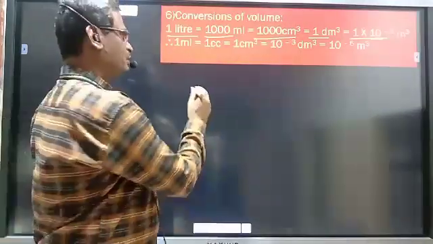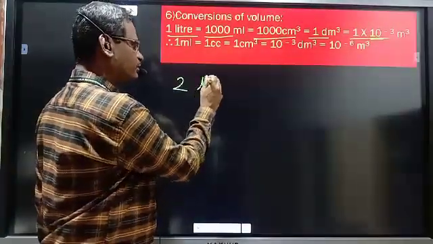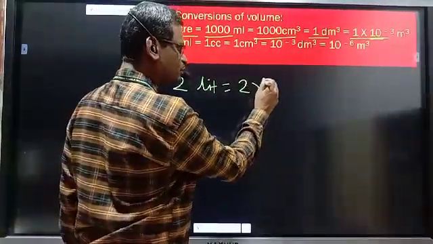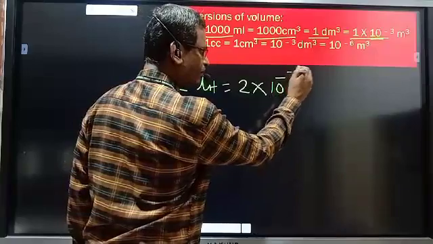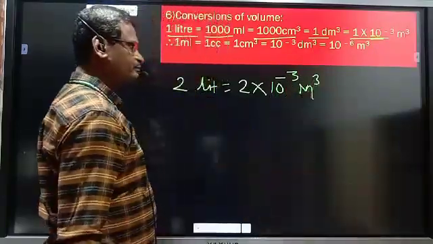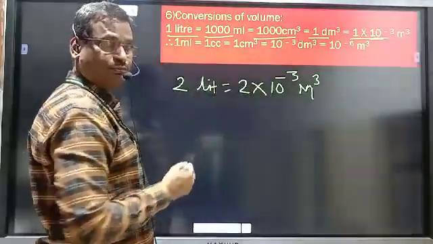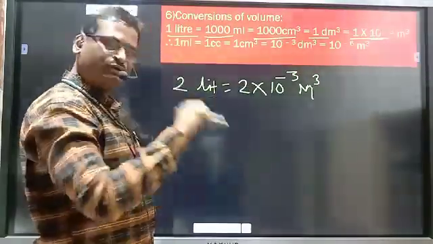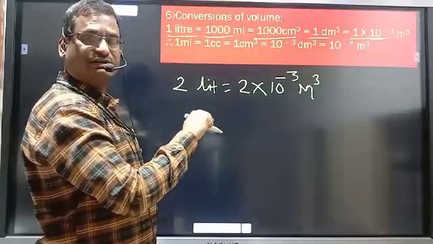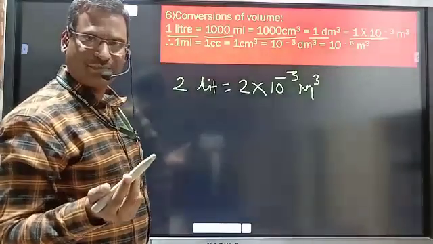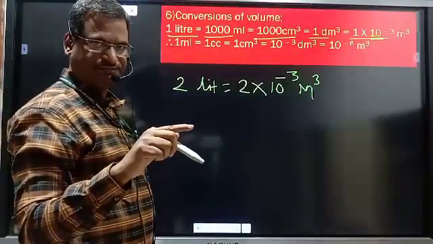So suppose if 2 liter is given, how many meter cube is it? It is nothing but 2 into 10 raised to minus 3 meter cube. Liter to meter cube, multiplied by 10 raised to minus 3. For meter cube to liter, multiply by 10 raised to plus 3.